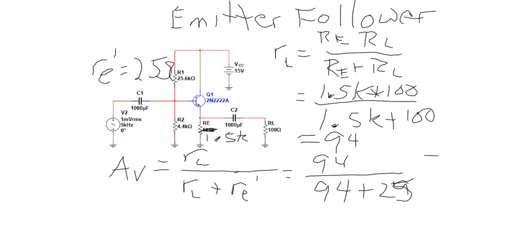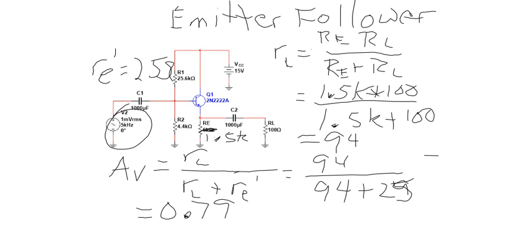Do that again, 94 divided by 119 gives me about 0.79 for my gain. So the emitter follower is actually going to take whatever voltage I put in here at the input and make it smaller.